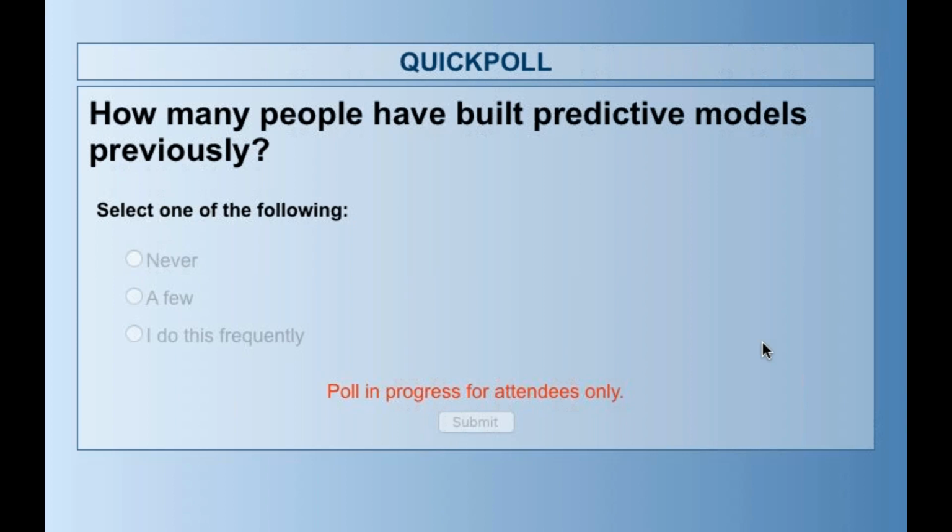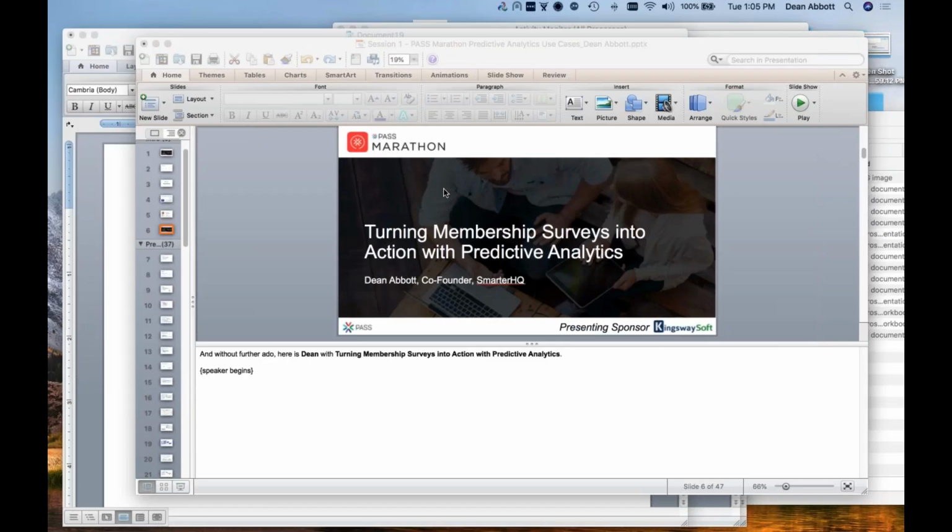One of the interesting things to me about this space is that while predictive analytics, data science, AI, machine learning, all these related fields are so much more in the news these days and on the minds of stakeholders and businesses, it's really not very new. I mean, we've been doing the same kinds of things for decades.